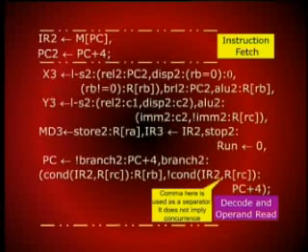Now, if it is a store instruction, then store 2 would be true and we take the data indicated by register RA into the buffer register MD3. That means it would be passed on to the third stage with the buffer register MD3.